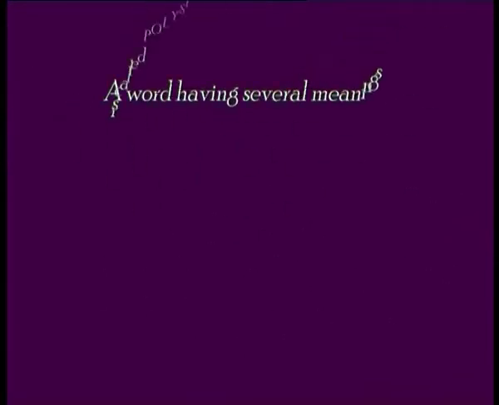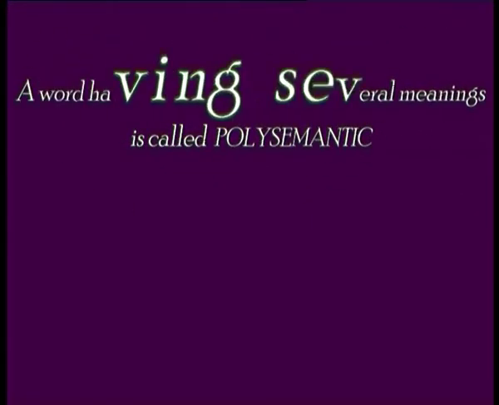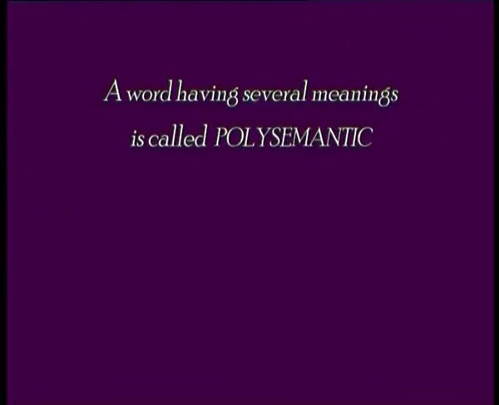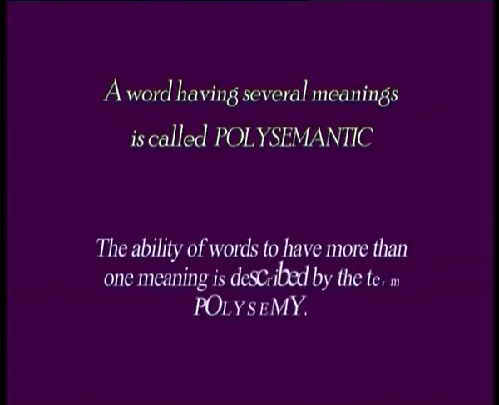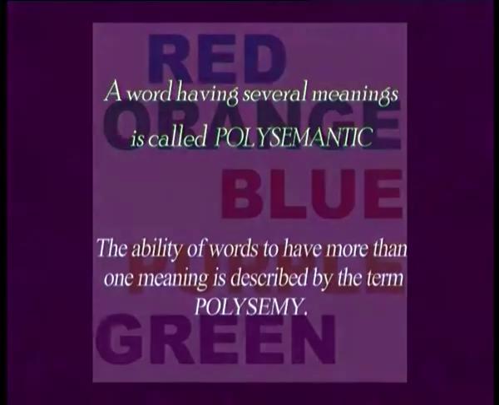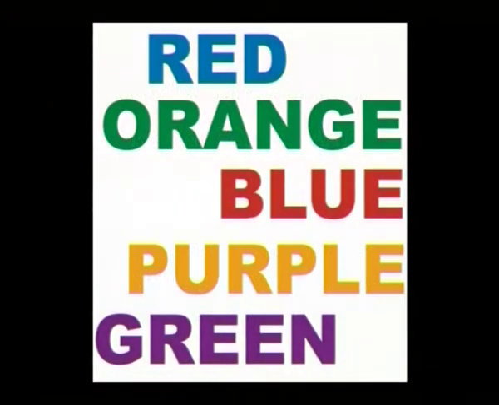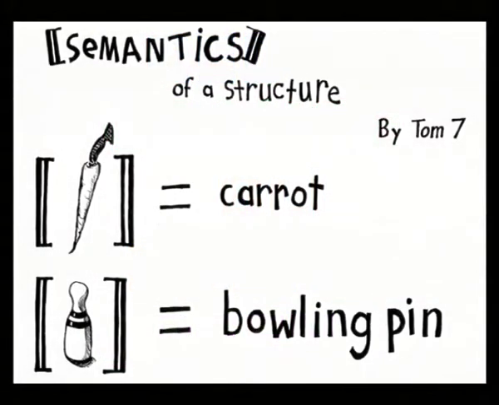A word having several meanings is called polysemantic, and the ability of words to have more than one meaning is described by the term polysemy. Most of the English words are polysemantic.